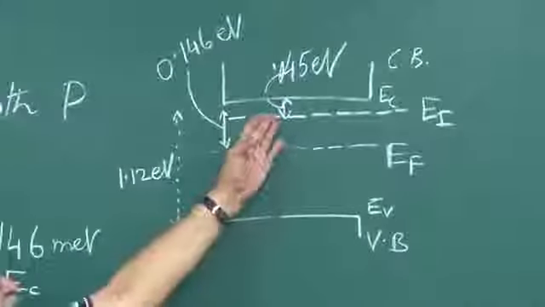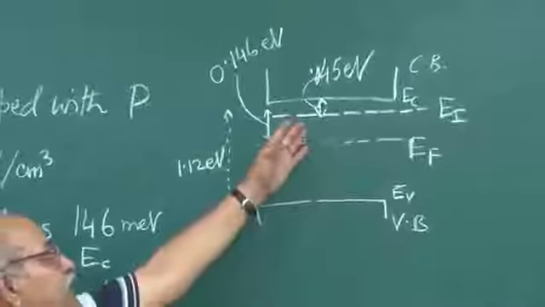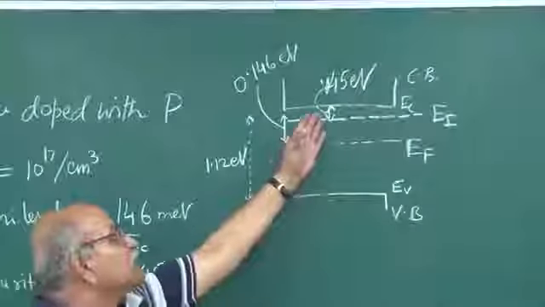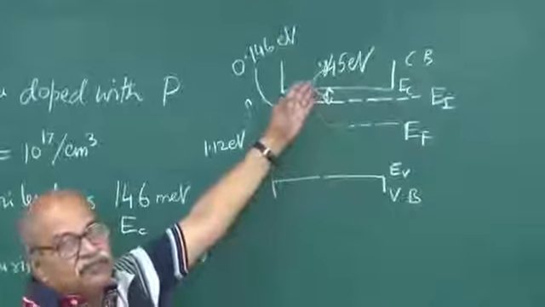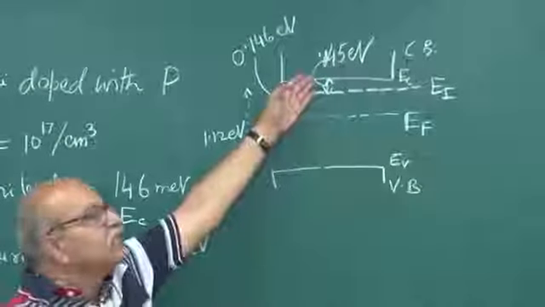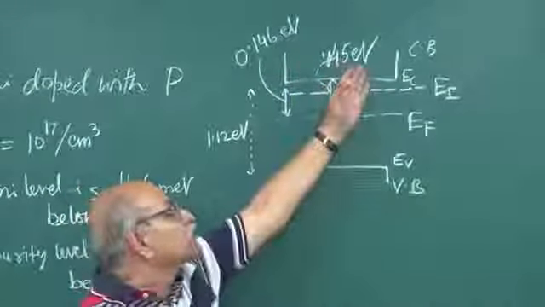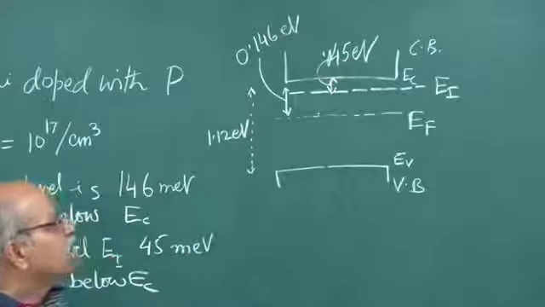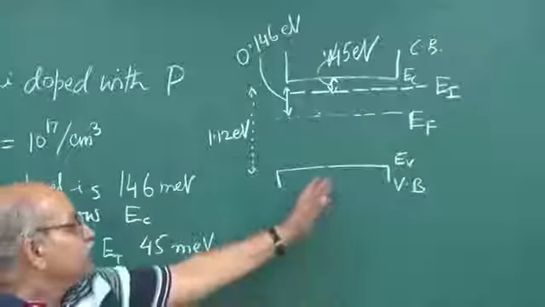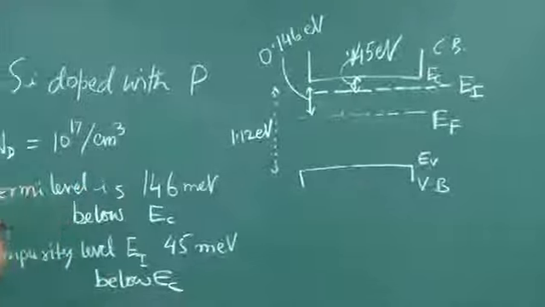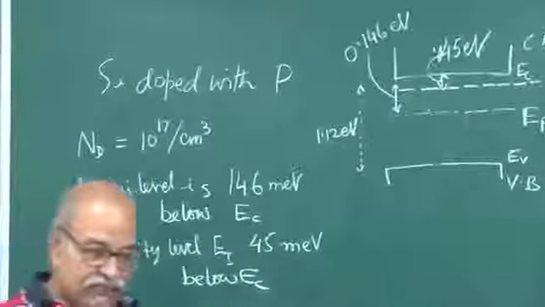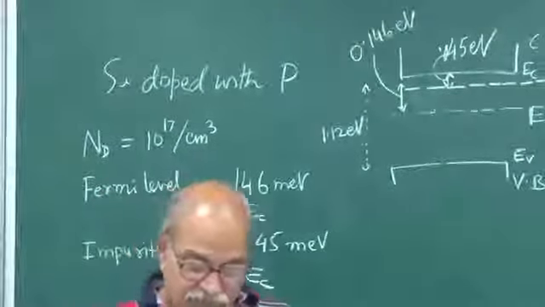The electrons jump from here to here because of thermal energies, and that is how you get electrons in the conduction band. Ne increases, NH decreases. So this is the data which is available. What is asked?